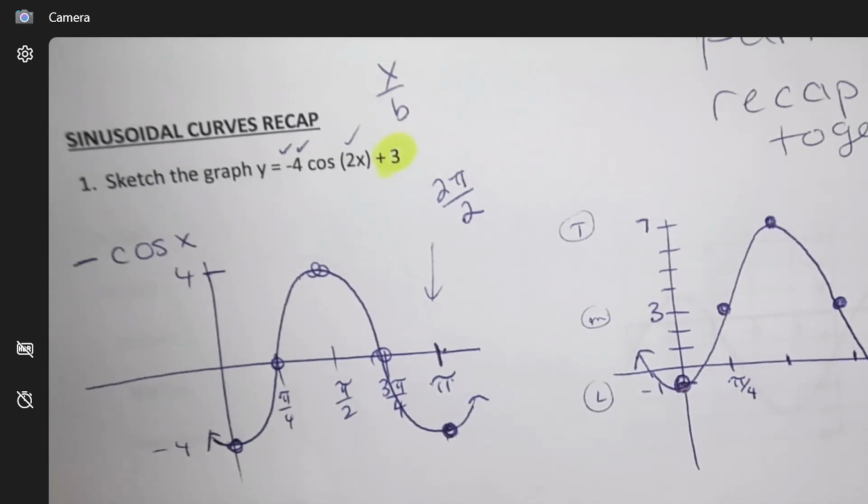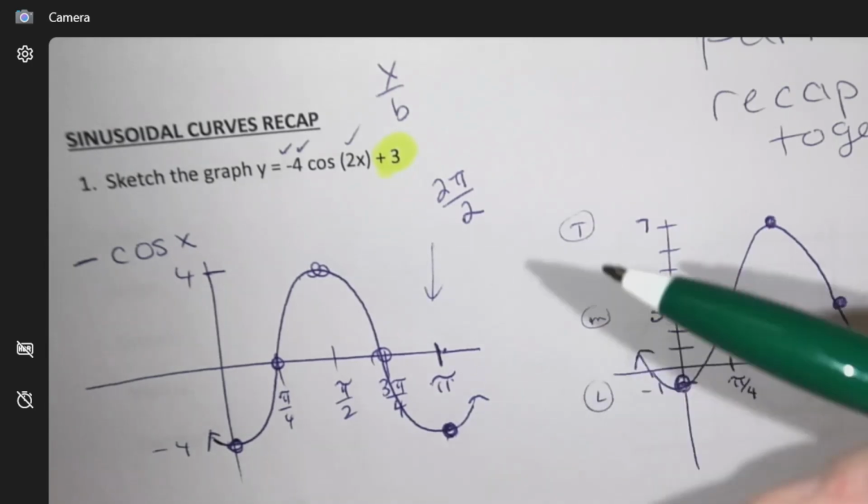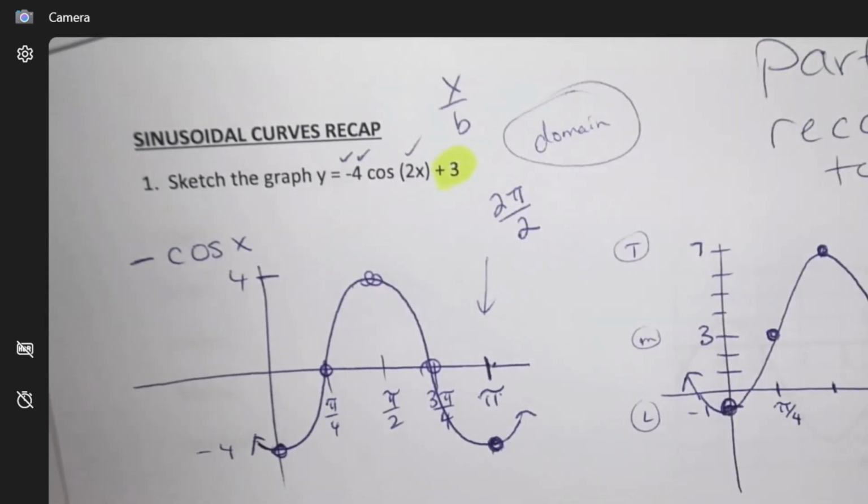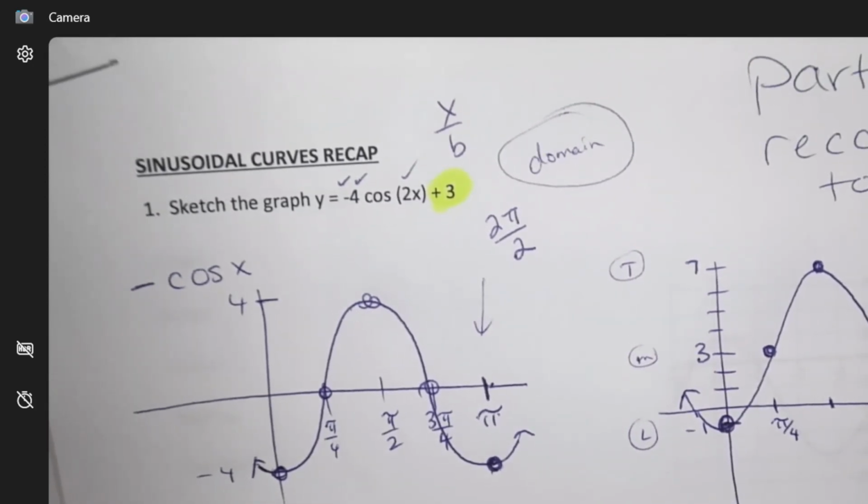I put arrows on the end of it because it should, unless what? Unless you see something about some kind of domain. If there's a domain restriction and it says just do it from here to here, there are closed dots. Don't go with arrows. So pay attention on your test.